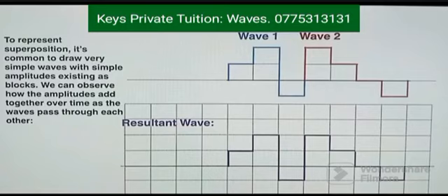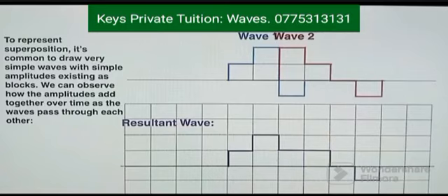But as I move into this region, check what has happened on the resultant. Here we are saying wave 2 has an amplitude of +2, whilst wave 1 has an amplitude on that particular location of -1. So if we add those two, we are going to say +2 - 1, and we're going to have a resultant of 1.